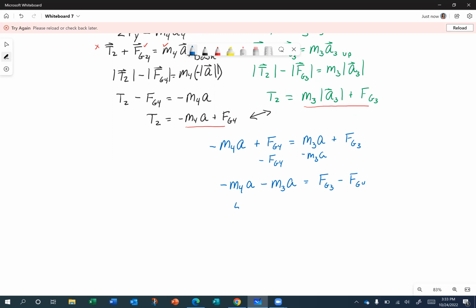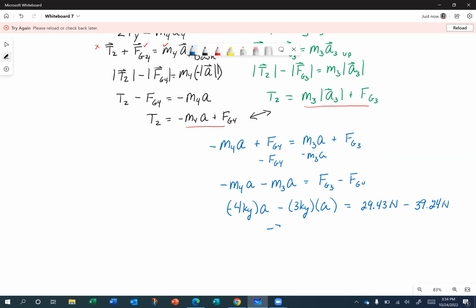So this is going to be negative 4 kilograms times A minus 3 kilograms times A equals 29.43 newtons minus 39.24 newtons.